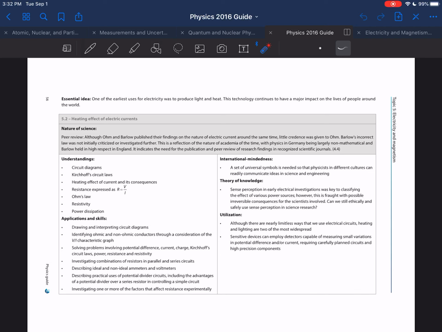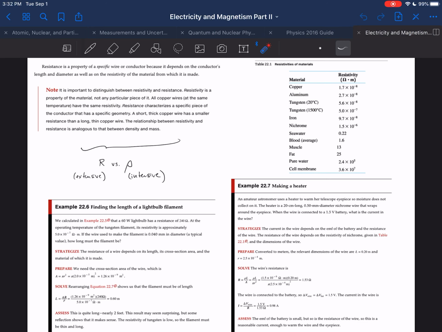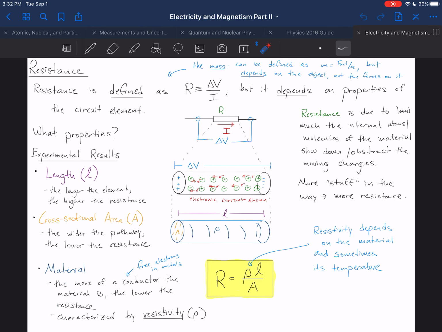Hello everyone! In this video we will continue to examine topic 5.2, the heating effect of electric currents, resistance and resistivity. In the last video we introduced this concept of resistivity as a way of tying resistance to the actual material.